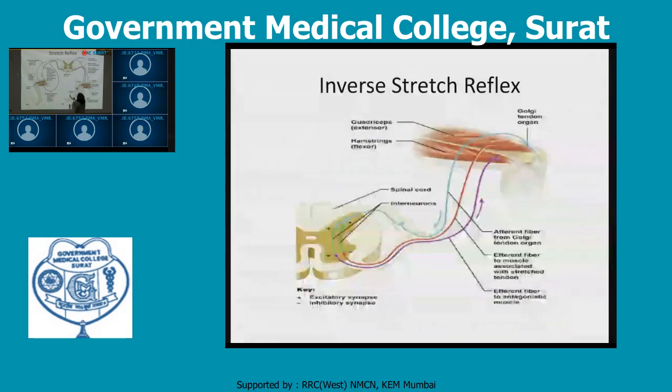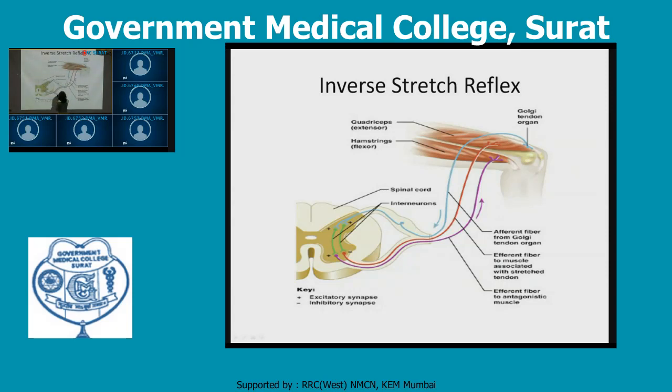Now, this is the pathway for inverse stretch reflex. As I had told you, the Golgi tendon organ is responsible for this inverse stretch reflex. Whenever the Golgi tendon organ is stimulated, this 1B fiber is the afferent. This blue colored fiber is the 1B fiber, and it synapses with the efferent via interneurons.